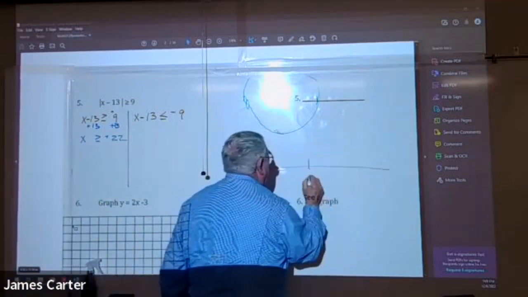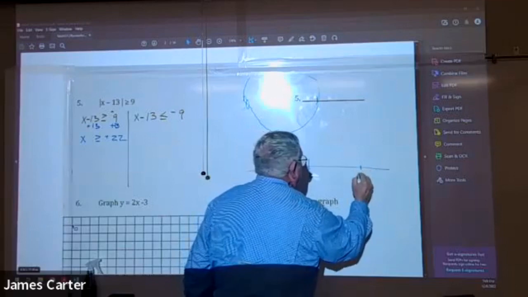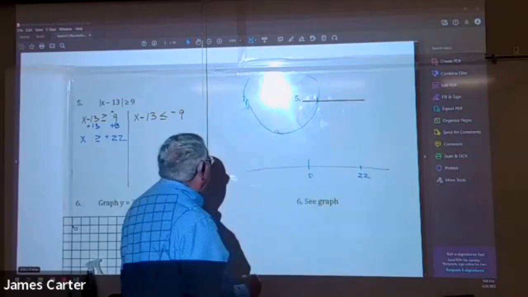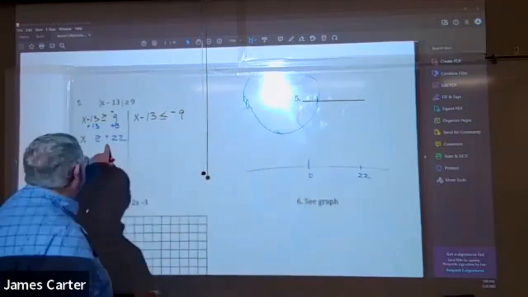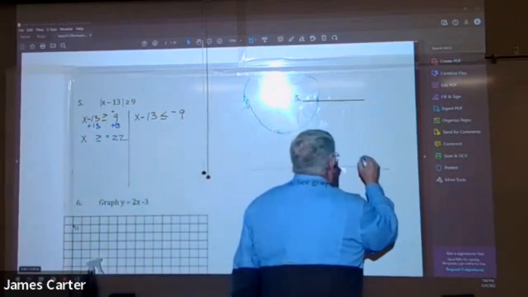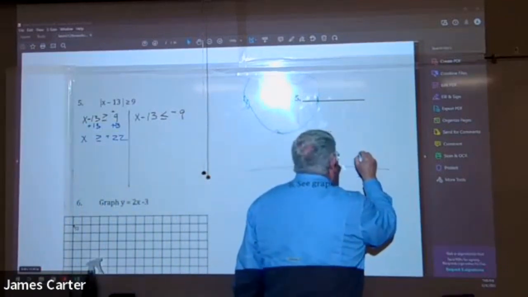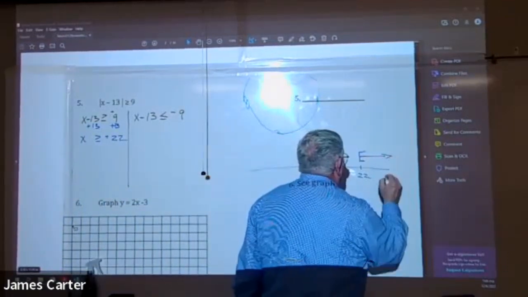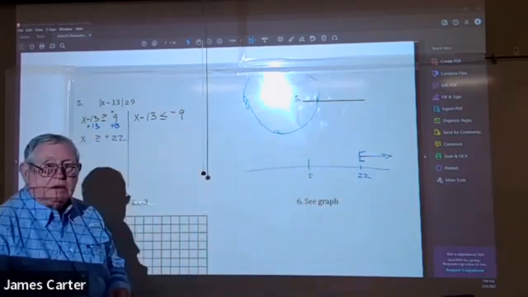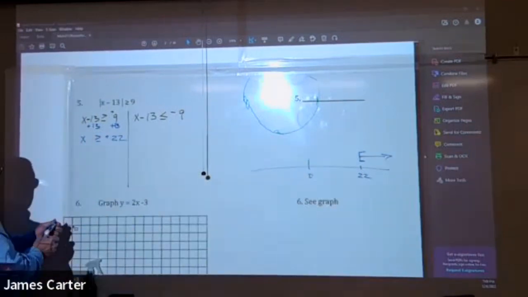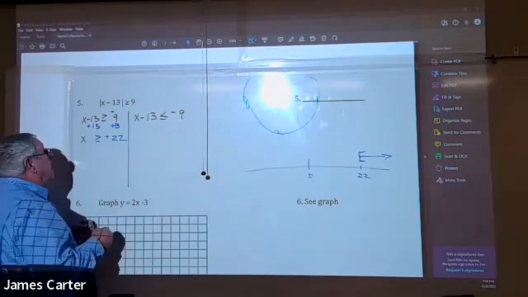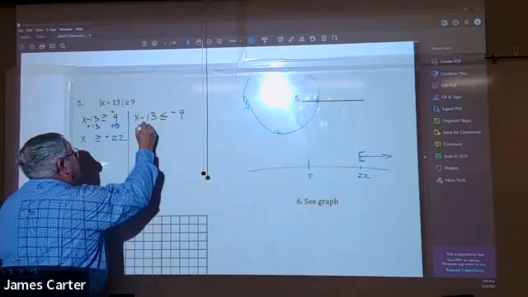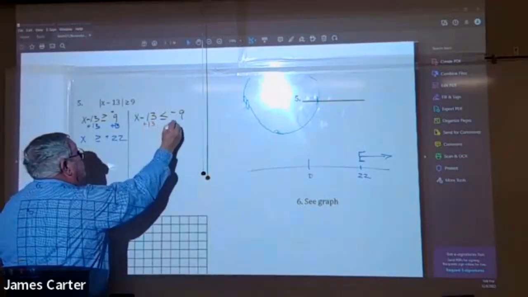If we graph that on the number line, at 0, here's positive 22. And the graph of that is all things greater or equal. So we're going that direction. Now, for the negative side, once again, we move the 13 to the other side.